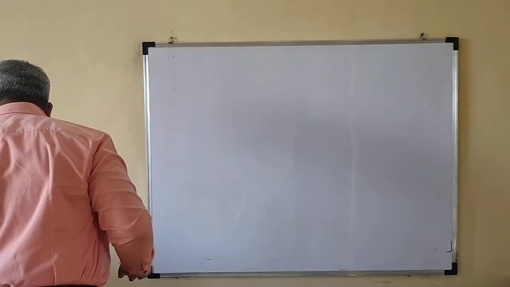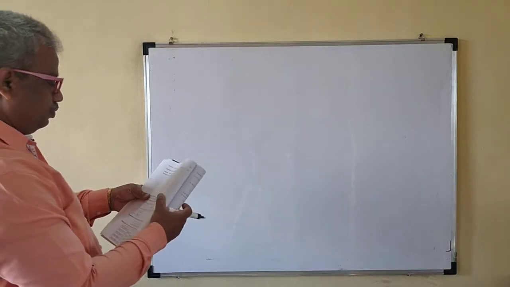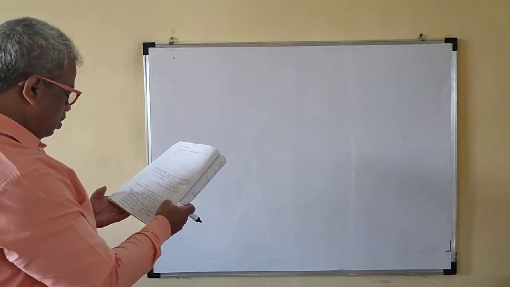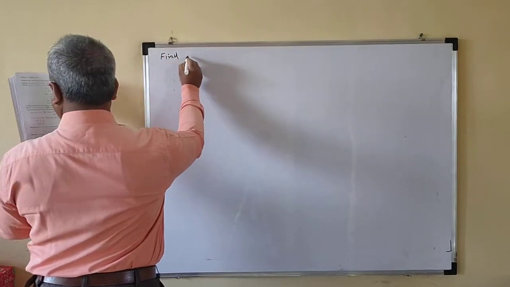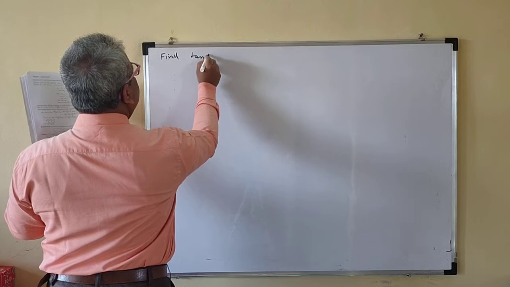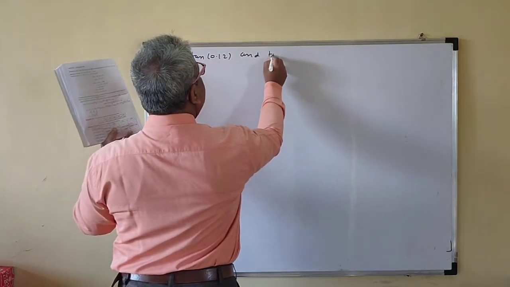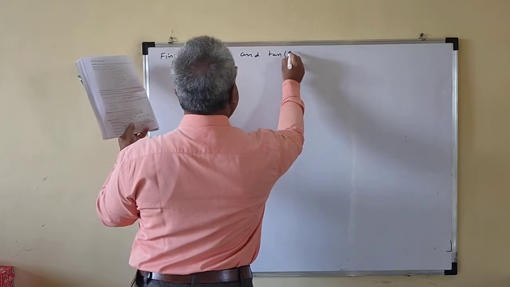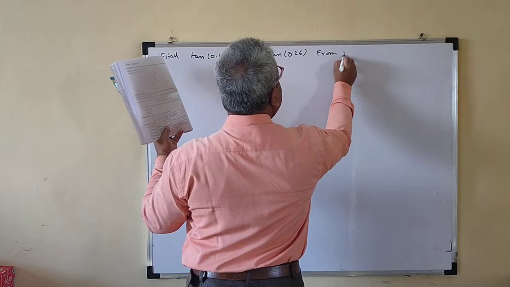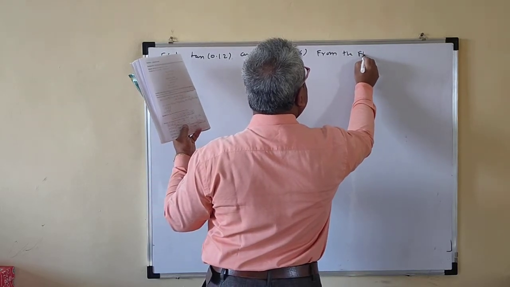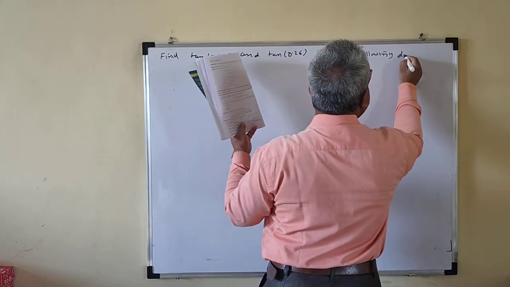Now we take the next problem. Find tan 0.12 and tan 0.26 from the following data.